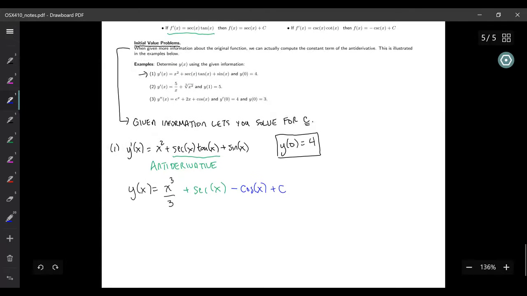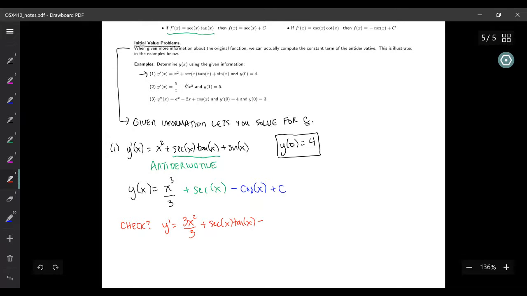Right, you can check your work. The derivative of x cubed over 3 would be 3x squared over 3. Right, you bring the exponent down, decrease the power by 1. The derivative of secant of x is secant of x tangent of x.